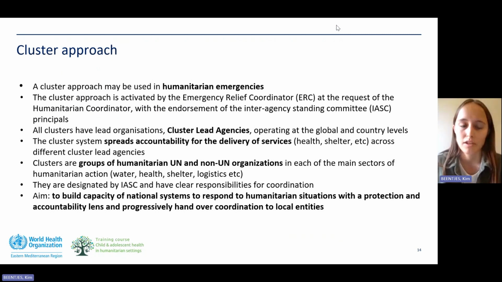And all of these clusters have their lead organizations called cluster lead agencies. The cluster system also aims to spread accountability for delivery of services across the different cluster lead agencies. And then the clusters include groups of humanitarian, UN, and non-UN organizations in each of the main sectors of humanitarian actions.